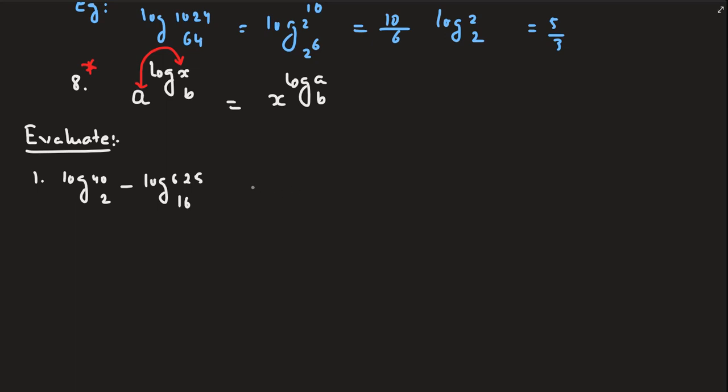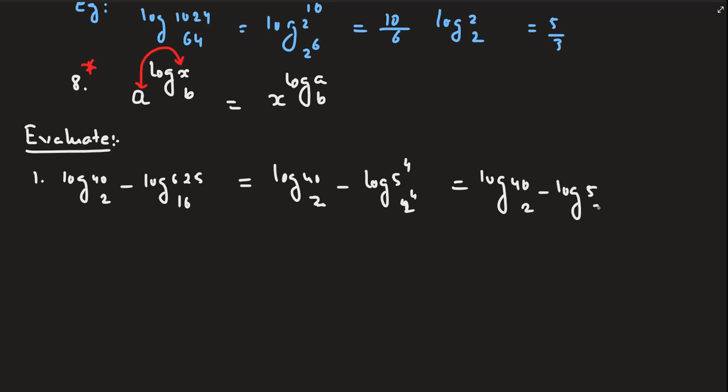So now we can write these things in this way: log 40 base 2, and here I can write log 5 base 4, and 4 is 2 to the power 2, so this is the same as log 5 base 2.